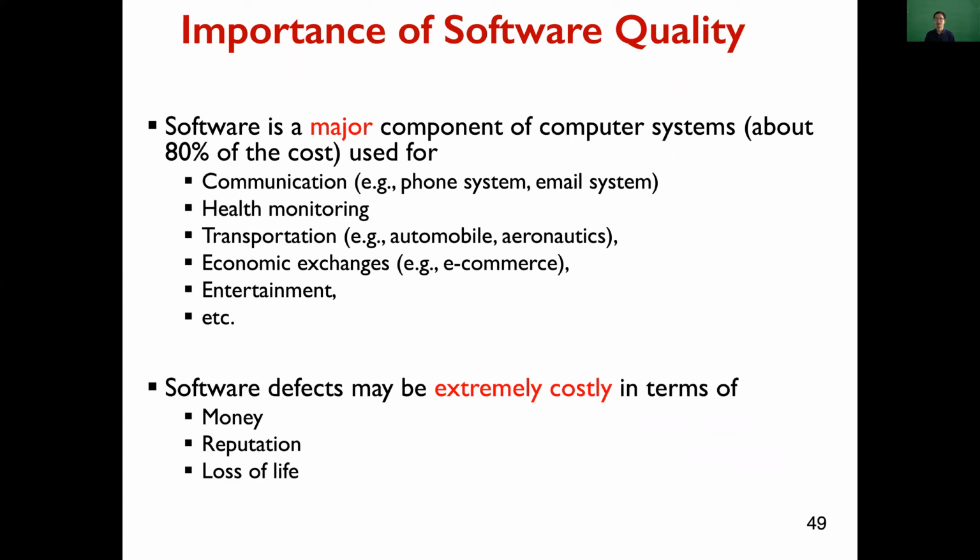For example, software is a major component of many computing systems, including computers, mobile phones, IoT devices, and many other things like a library management system, or maybe the control system of an airplane. Software accounts for over 80% of the cost of computing systems.